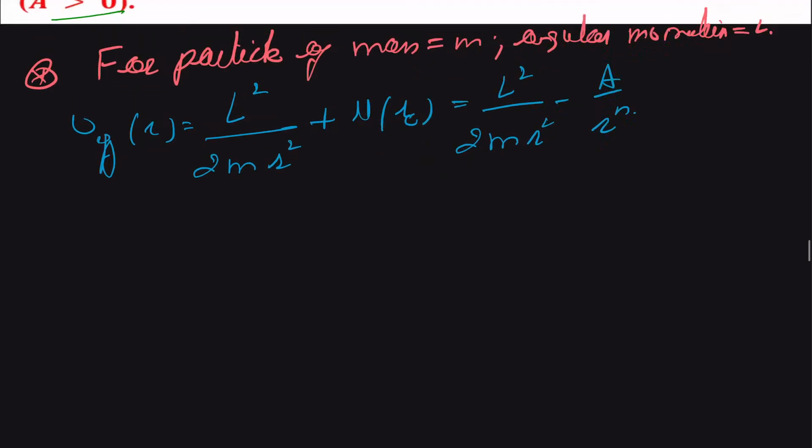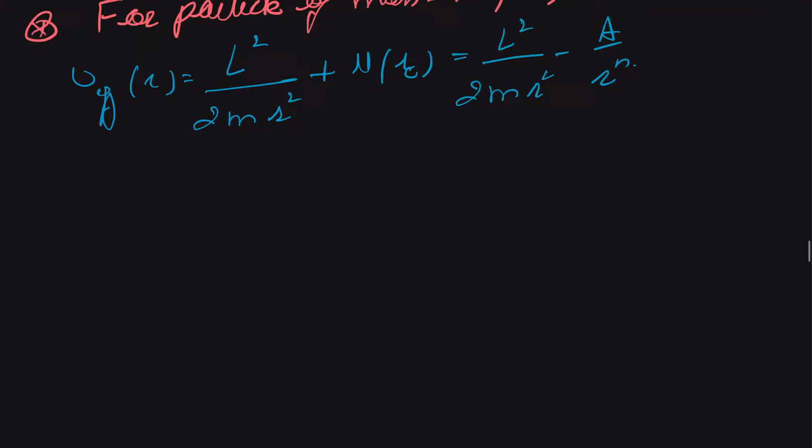And for a circular orbit at r is equal to r naught, the first derivative of the energy will be equal to 0.